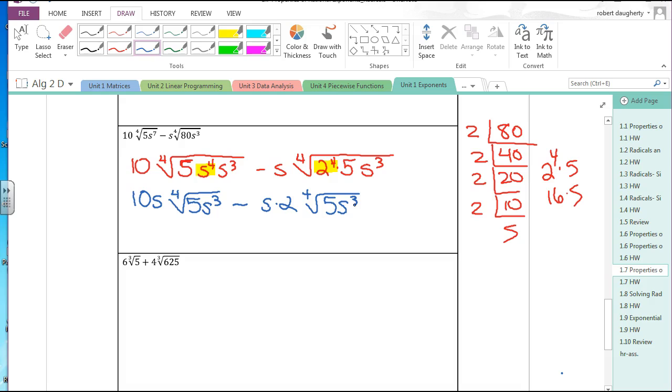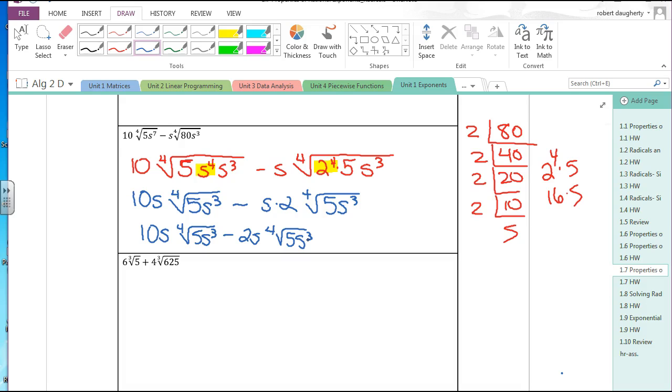So this is 10s fourth root of 5s cubed minus 2s times the fourth root of 5s cubed. And what's that answer going to be? How many? 8.